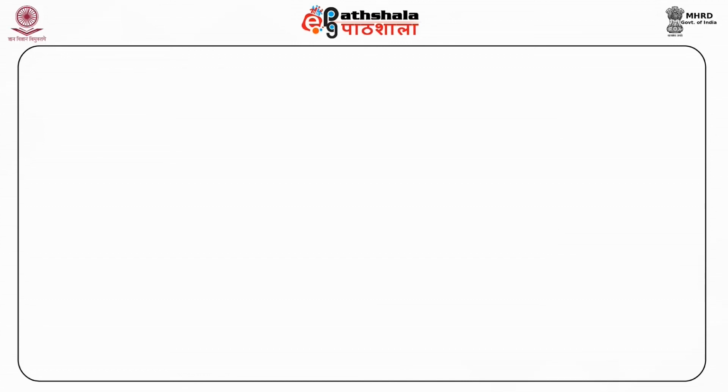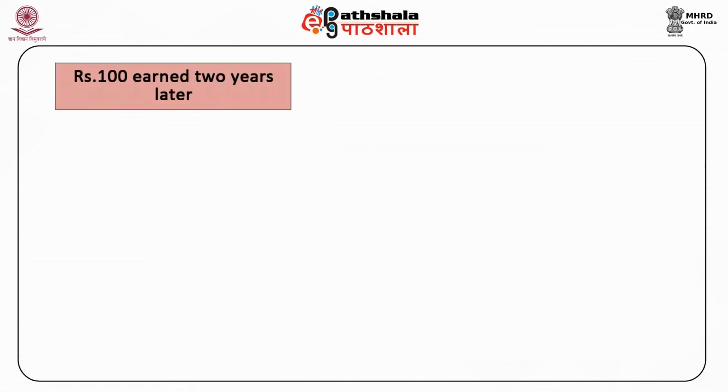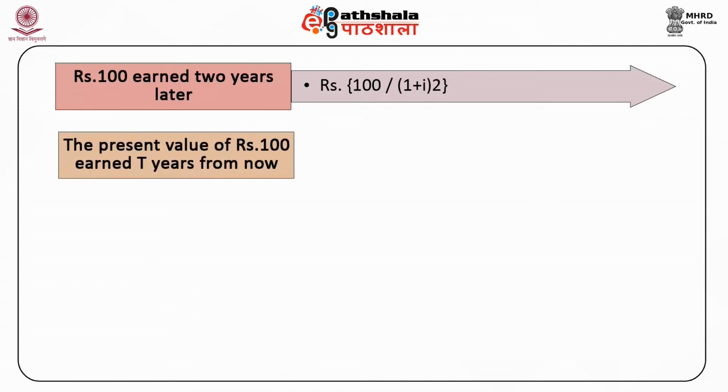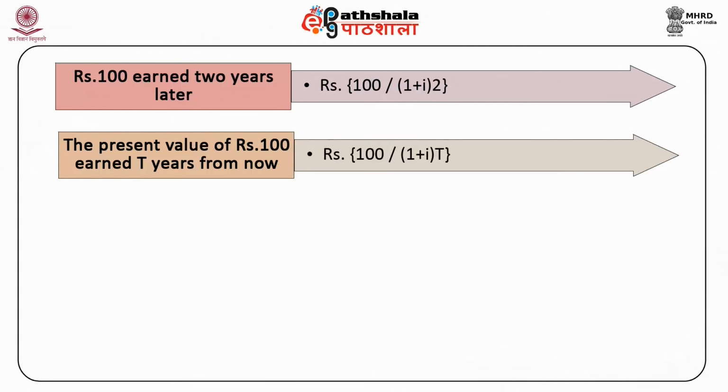Using similar logic, the present value of rupees 100 earned 2 years later is rupees 100 divided by (1 plus I) to the power 2, and the present value of rupees 100 earned t years from now is rupees 100 divided by (1 plus I) to the power t.